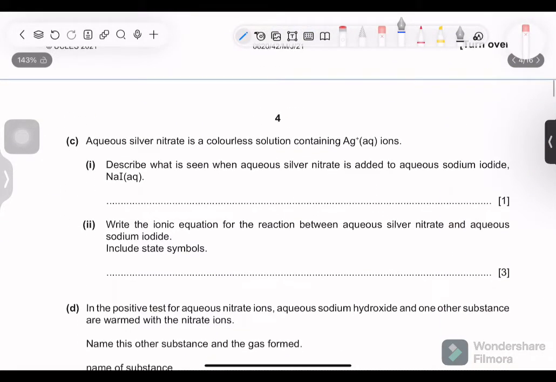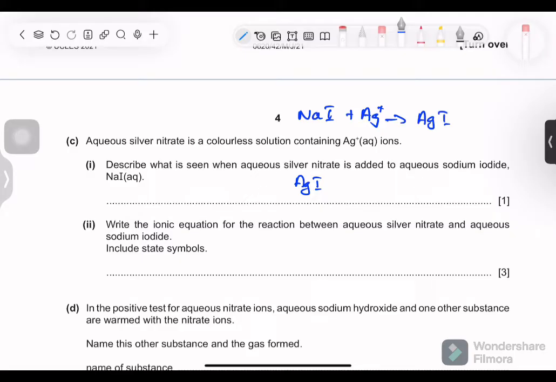Aqueous silver nitrate is a colorless solution containing Ag plus ion. Describe what is seen when aqueous silver nitrate is added to aqueous sodium iodide, NaI. So what happens is AgI is formed, silver iodide. When sodium iodide NaI reacts with Ag plus, AgI is formed.